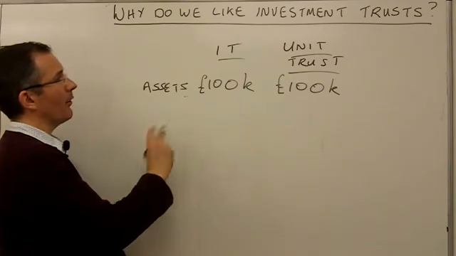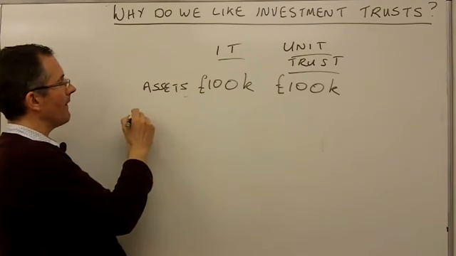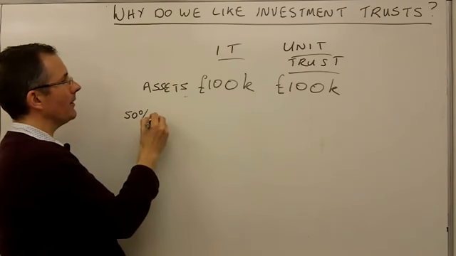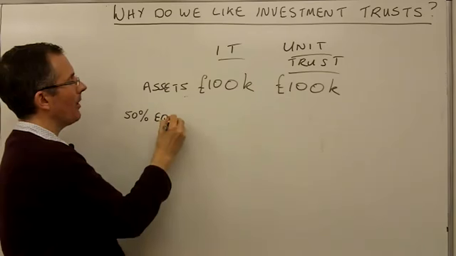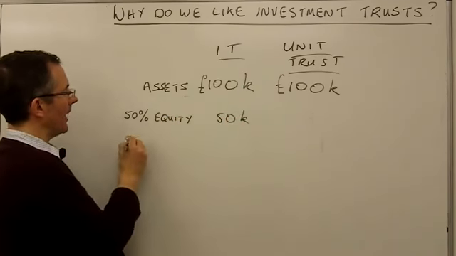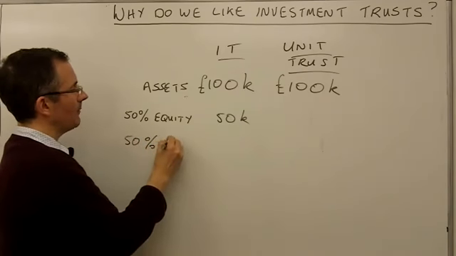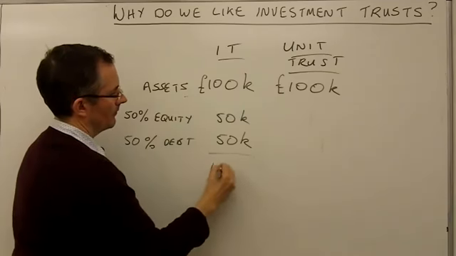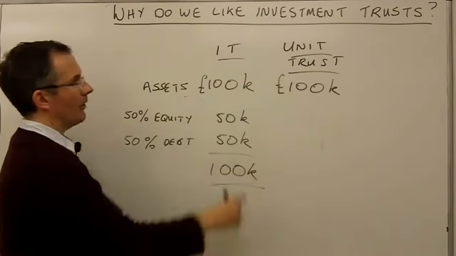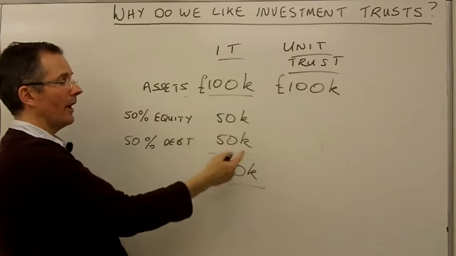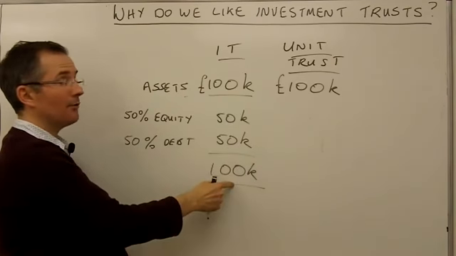Funding. So, assets 100,000 in both cases. Funding. The investment trust company is 50% funded by equity. That's people buying its shares. And 50% funded by debt. So you've got assets of 100,000 funded by a mixture of shareholders and external debt coming to 100,000 too.